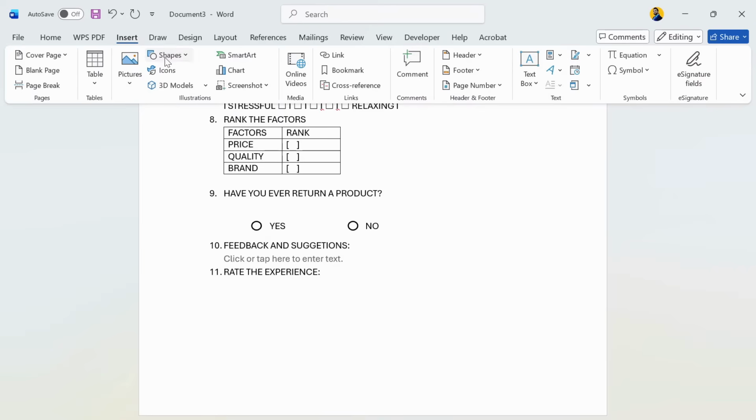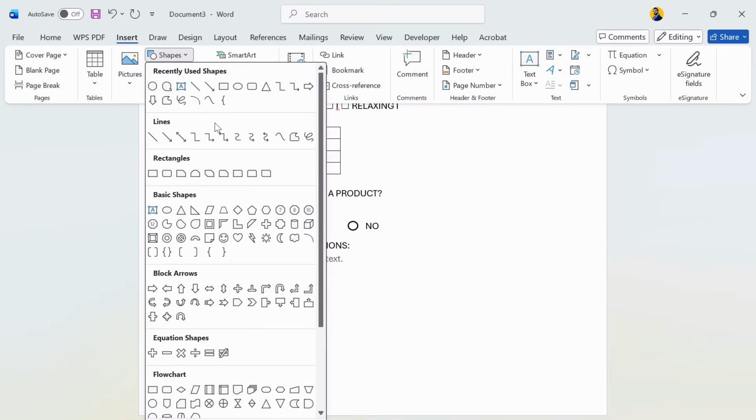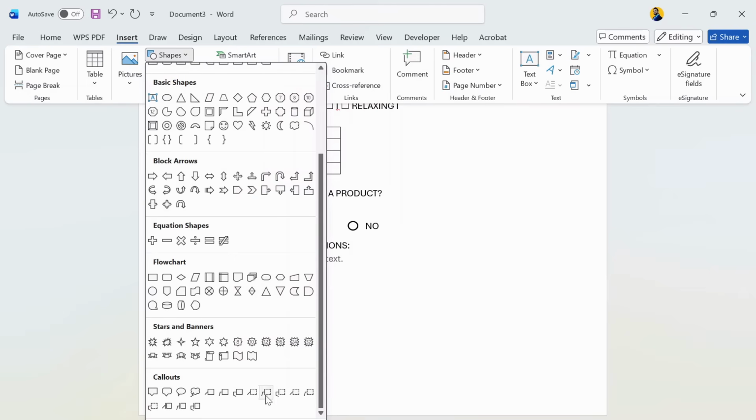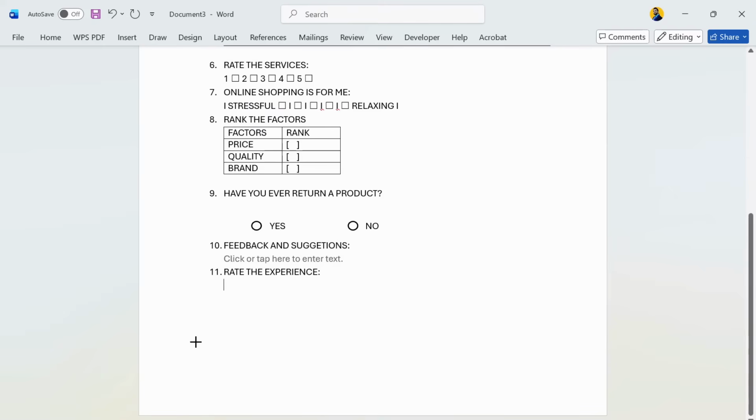We go to insert, go to shape, let's select a certain shape, or you can select a heart or emojis. Right, I'm just using these stars. Select this, Control C, Control V. 1, 2, 3, 4, 5.